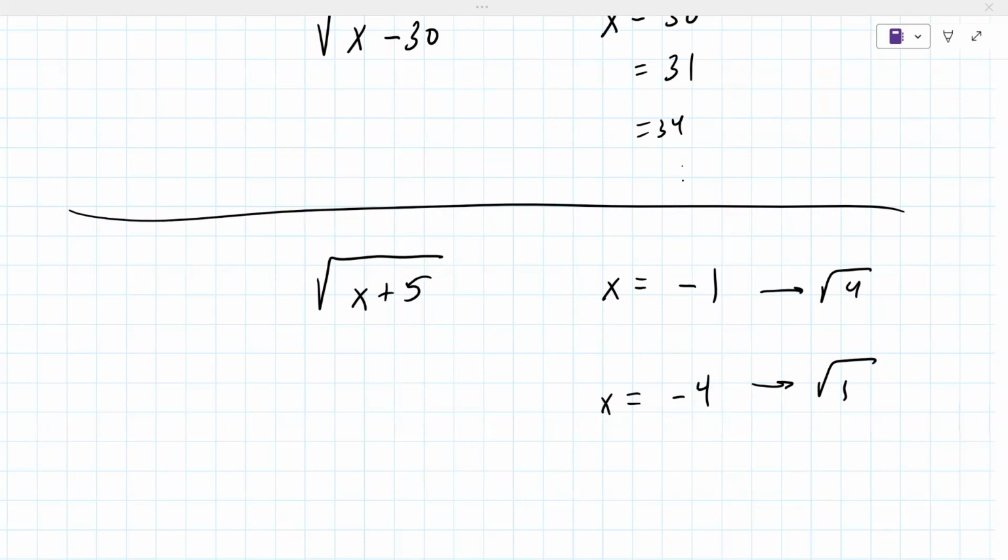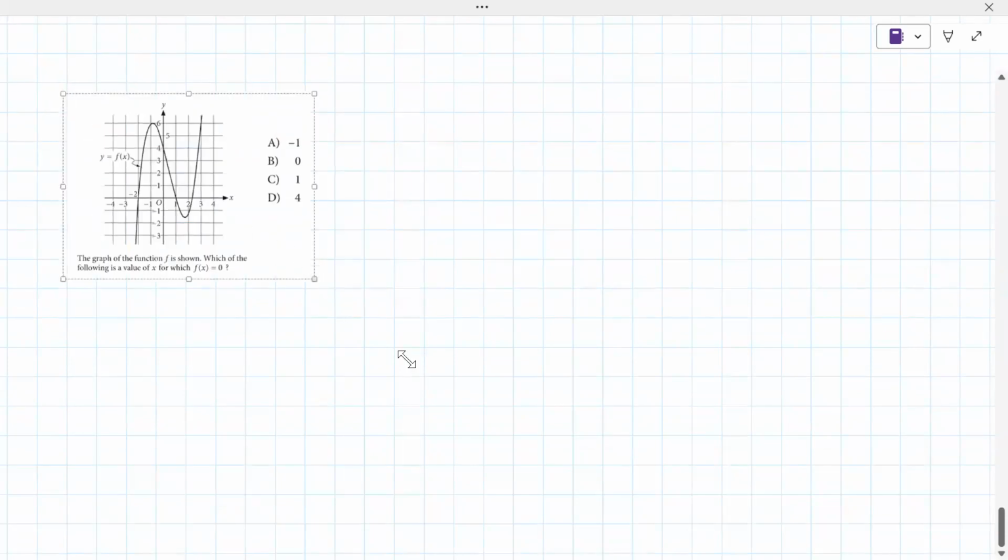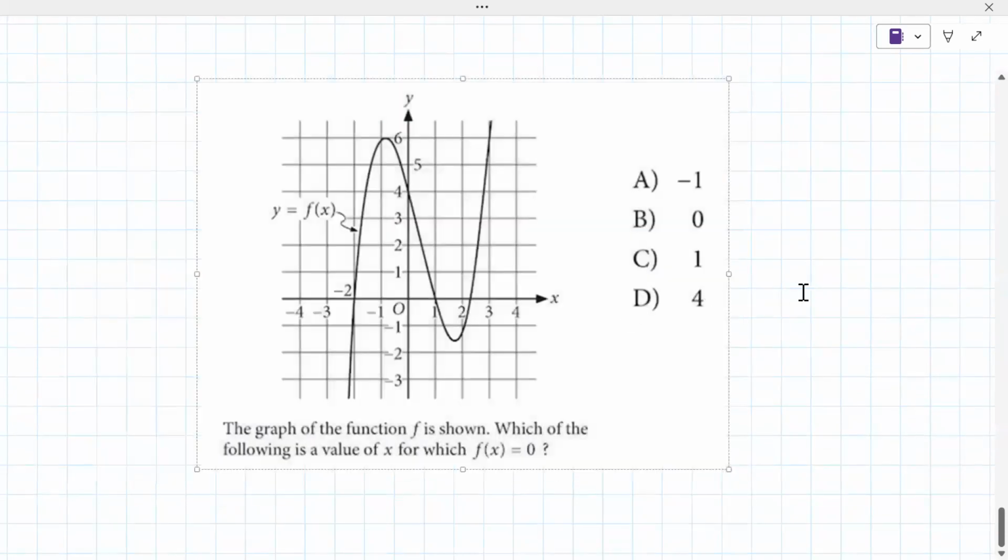All right. So we're back to just this whole strategy of which of the following. Maybe look at the answers if you want. It doesn't always work.